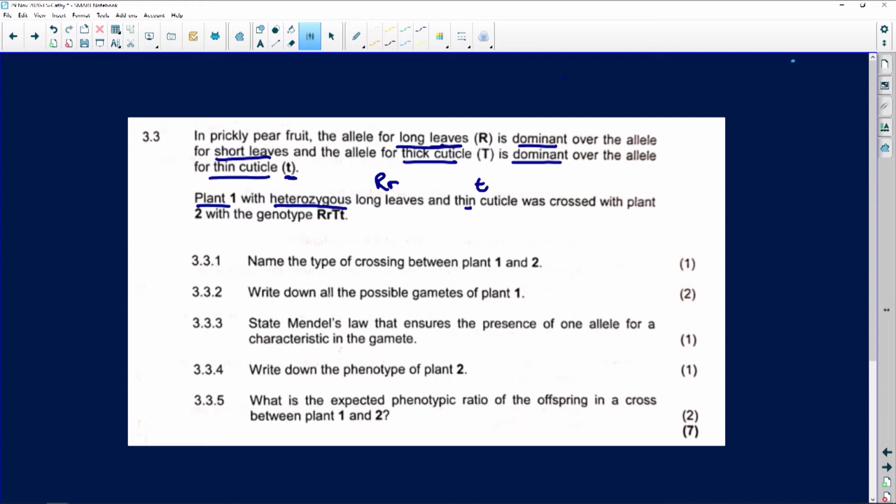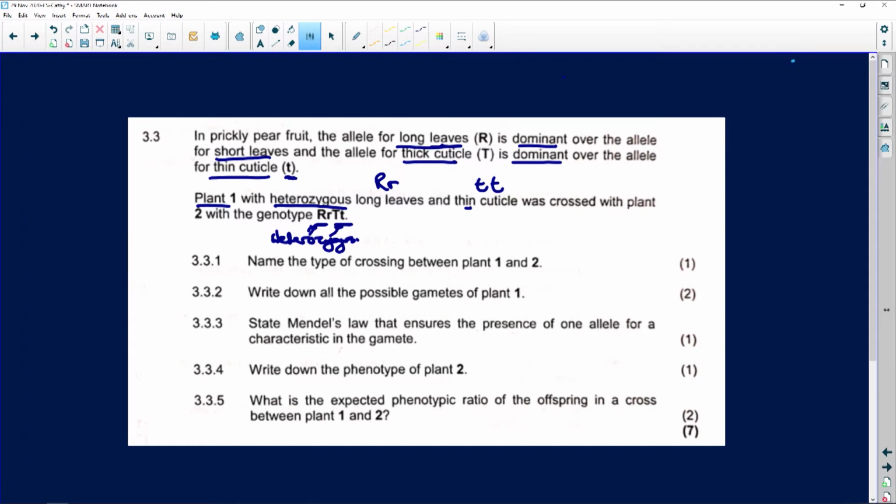So it's going to be little t, all right? Was crossed with a plant 2 with a genotype capital R, small r, capital T. So this would be heterozygous for long leaves and heterozygous for thin cuticle.